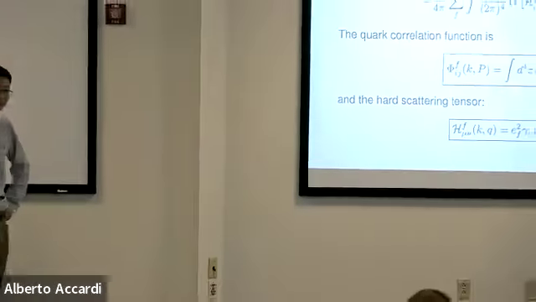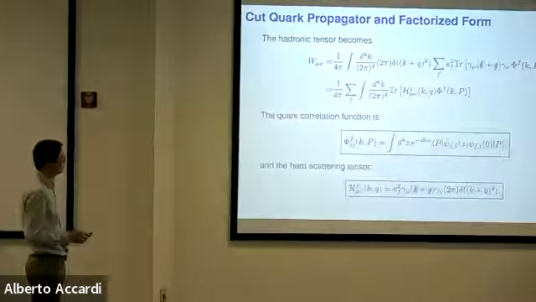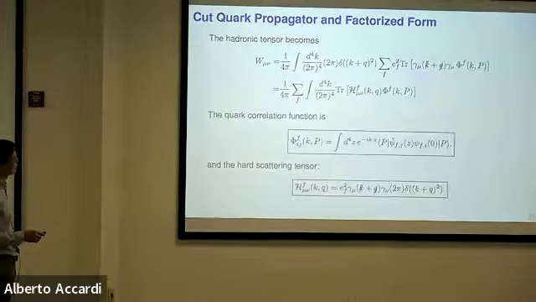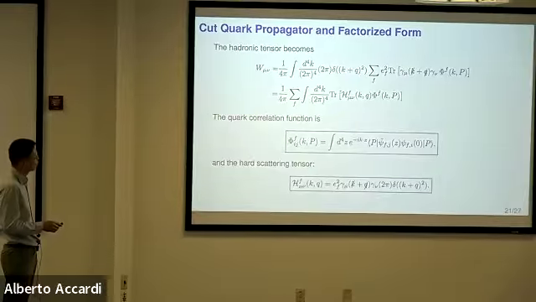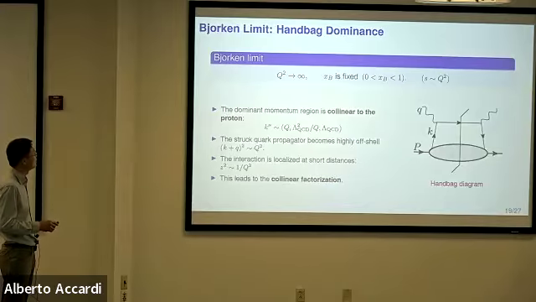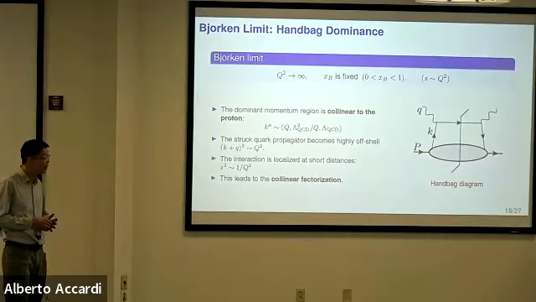Maybe I should just explain the idea instead of going through the derivations. You look at this expression: it's a convolution, where the two factors are convoluted by k. That's the integration momentum, right? In principle, you need to integrate over all the possible momentum k there. But in the Bjorken limit, people showed that the dominant contribution matters. When you do an integration, you integrate everything, but not everything contributes equally. You want to figure out the most important contribution in this integral.